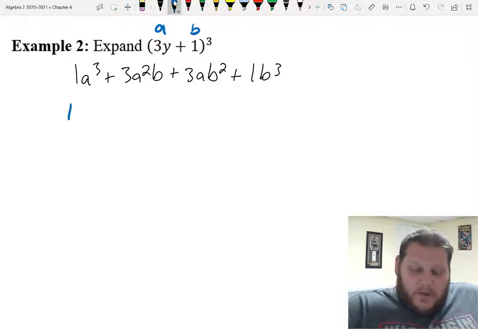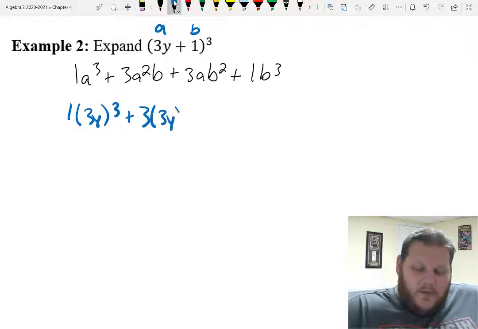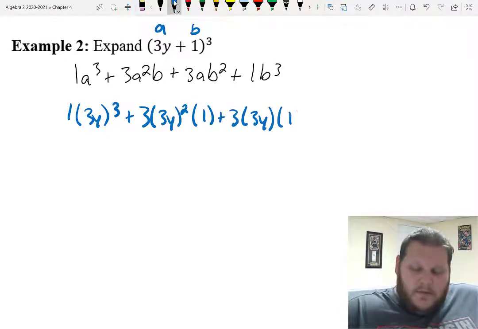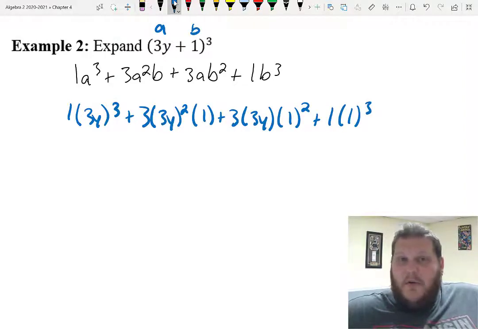So 1 times 3y cubed plus 3 times 3y squared times 1 plus 3 times 3y times 1 squared plus 1 times 1 cubed.